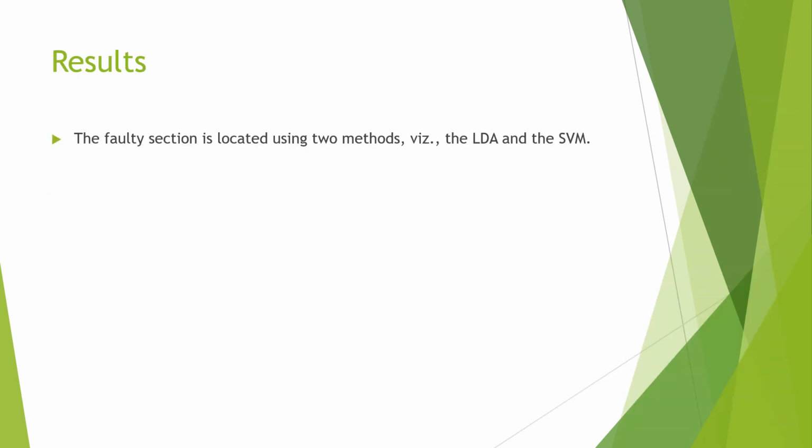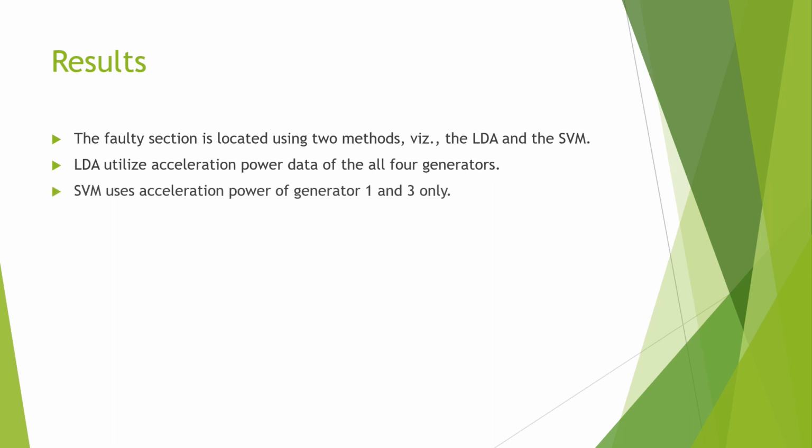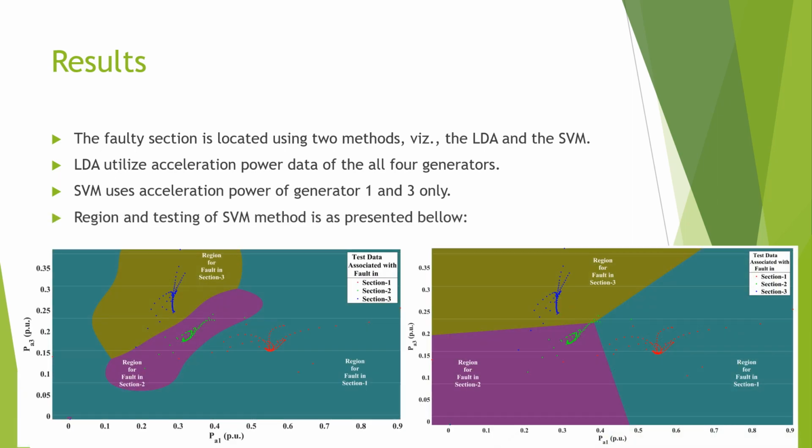Here, the faulty section is located using two methods, which are LDA and SVM. LDA utilizes acceleration power from all the generators, whereas SVM uses acceleration power of generators 1 and 3 only. Results from the SVM method are presented in the figure below.